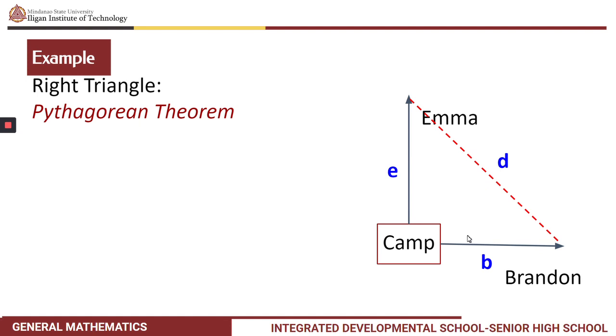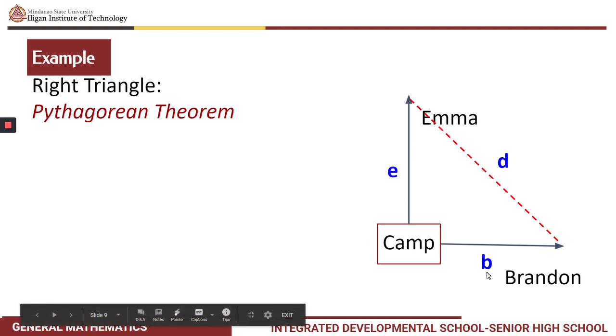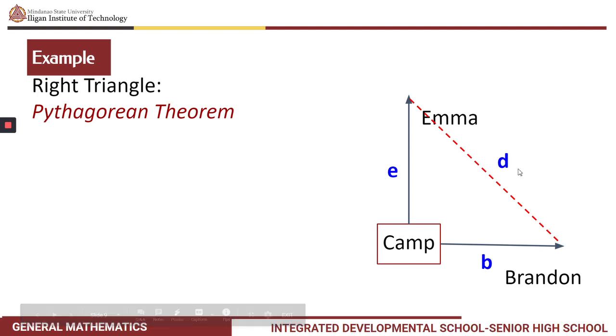So, let's say E is the distance covered by Emma and B is the distance covered by Brandon from the camp. D will be the distance between Emma and Brandon. So how do we solve for D? Because we are looking for D here.